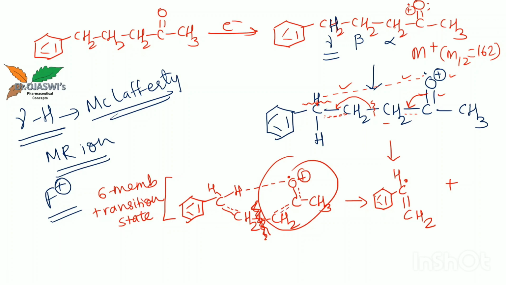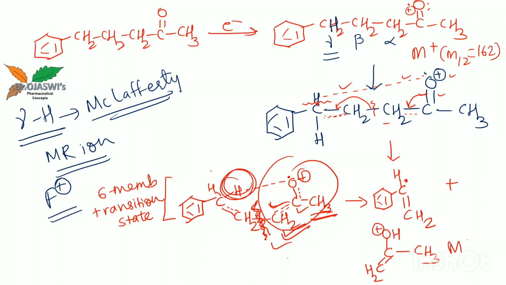And the McLafferty rearrangement ion: this carbon I am writing as CH3, then this CH2 and this double bond I am writing as CH2. Now I am writing this single bond, this O, this hydrogen which is transferred from here, and the charge on the oxygen is as such. So this is the MR ion which is formed.